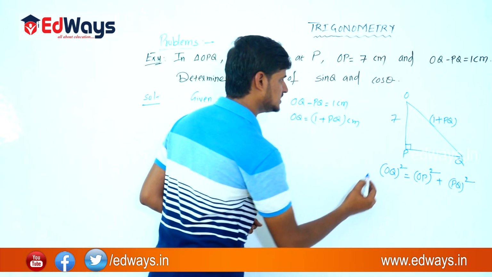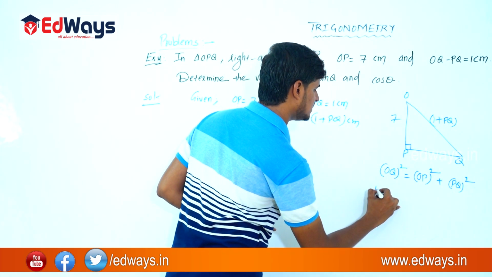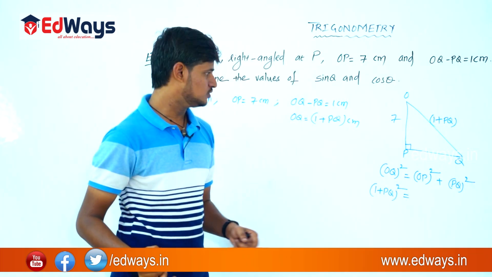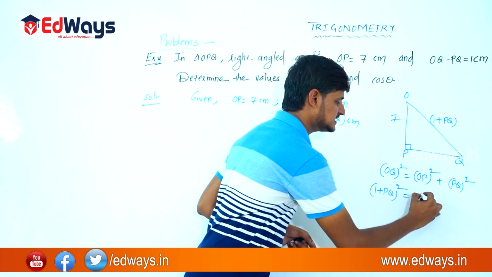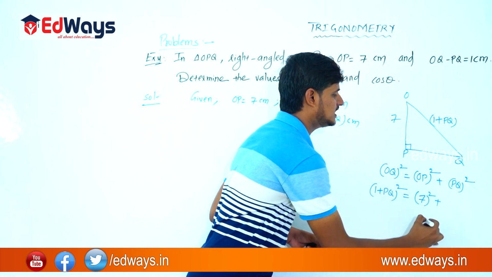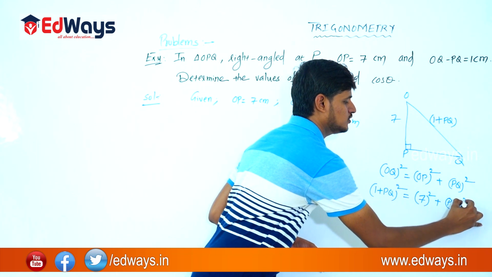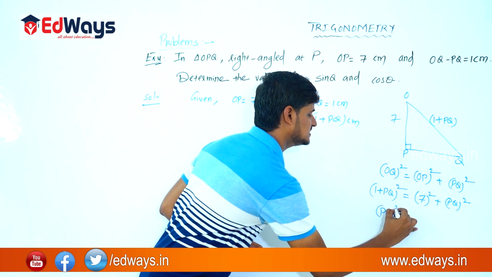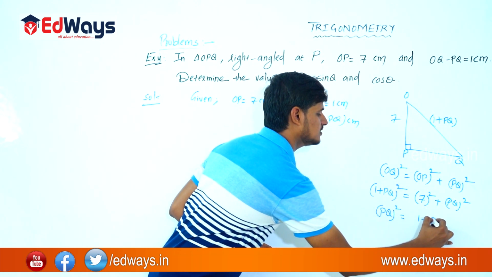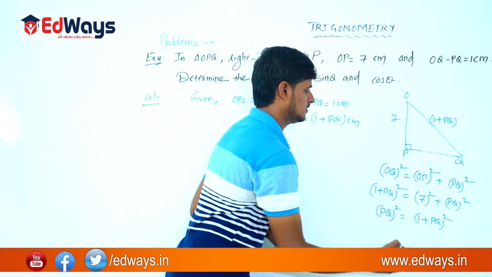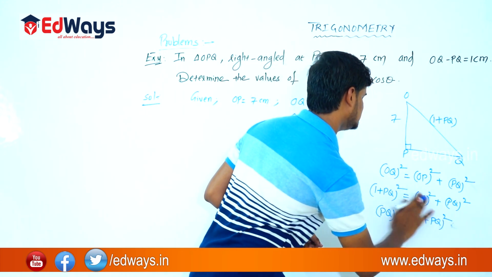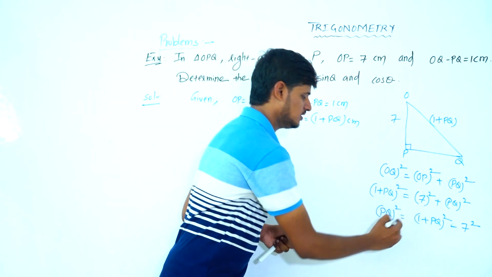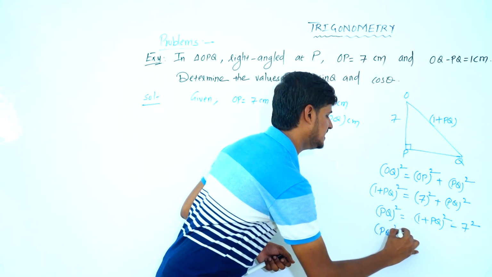What is OQ whole square? OQ is nothing but 1 plus PQ, that is equal to OP whole square, and OP is 7, so 7 whole square, plus PQ whole square, which we have to find. So (1 plus PQ) whole square is equal to 7 square plus PQ square.